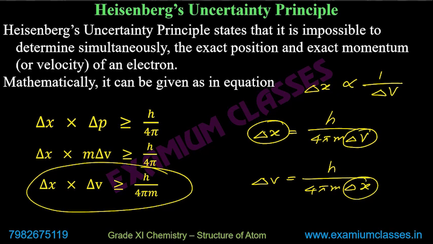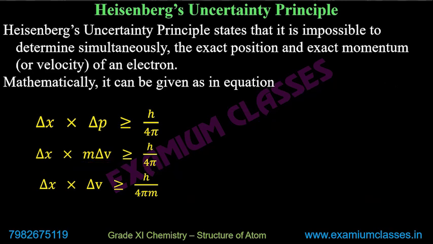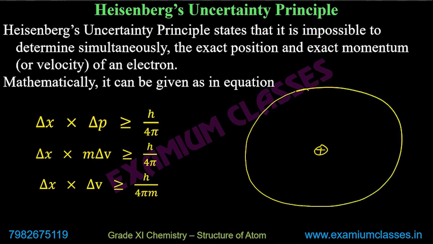Now, one reason why Heisenberg said that, before I close the class today: if you want to get the position of anything, and you will study this in higher classes, for example radar, how they get the position of any object is that they send a signal.